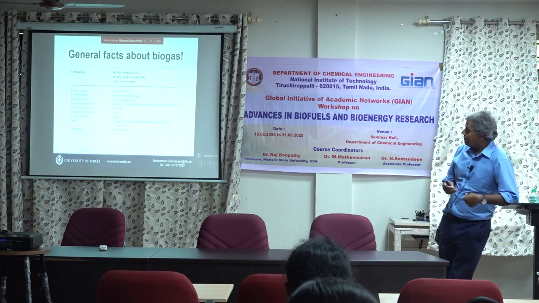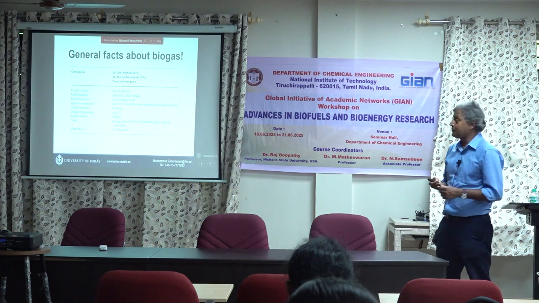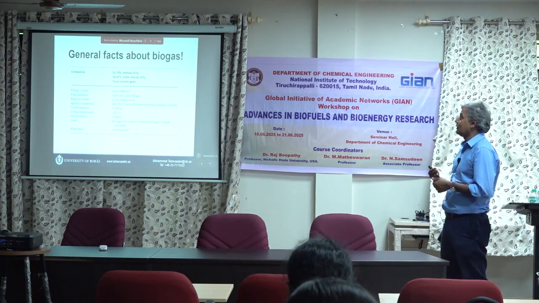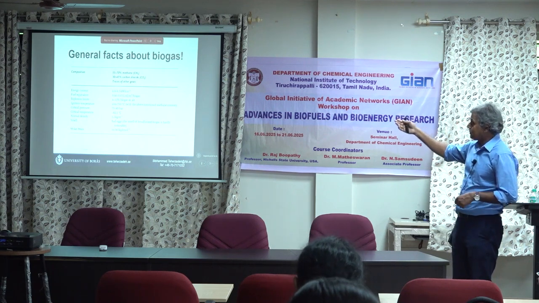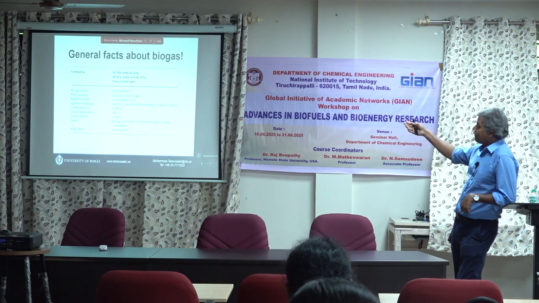So, general facts about biogas: the composition varies based on your substrate. The major components are methane and CO2, and other trace gases. Energy content is 6 to 6.5 kilowatt hours, a fuel equivalent of 0.6 to 0.65 liter of oil per cubic meter of biogas.